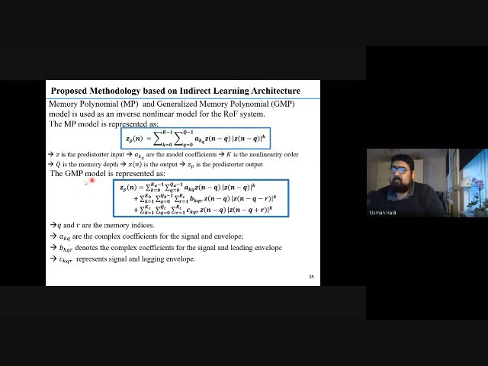While in generalized memory polynomial, you don't only take the diagonal terms of the matrix, but you also take the leading and the lagging terms. So you don't just rely on the diagonal matrix, but you take the leading envelope, that is q minus r, and then the lagging envelope, the q plus r, or vice versa. So these are the two architectures that are being used in adaptive compensation.